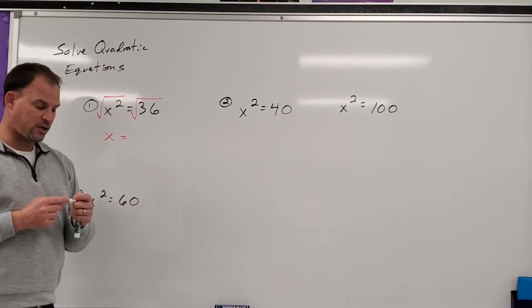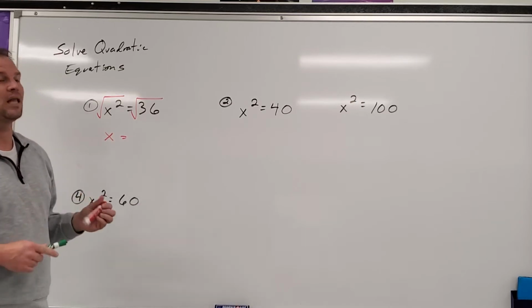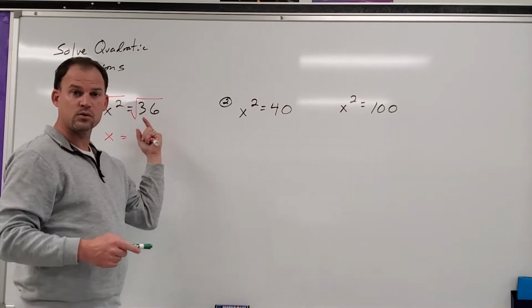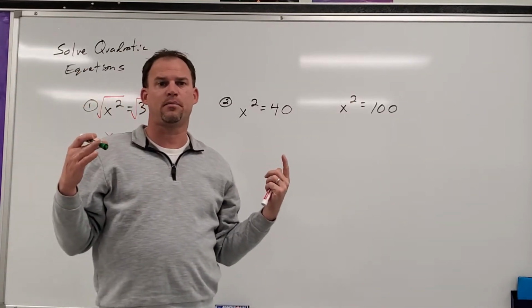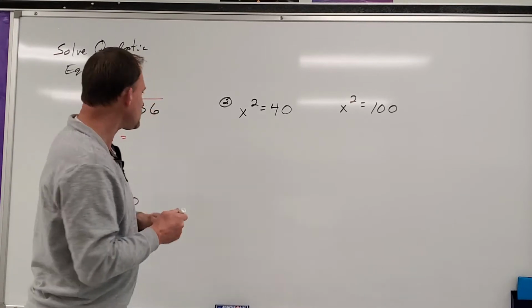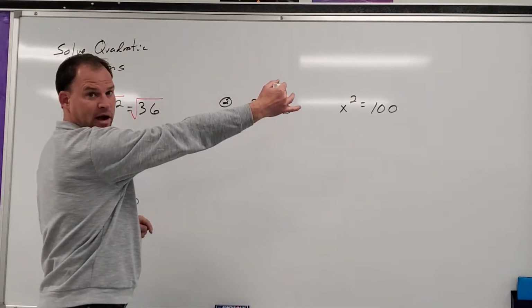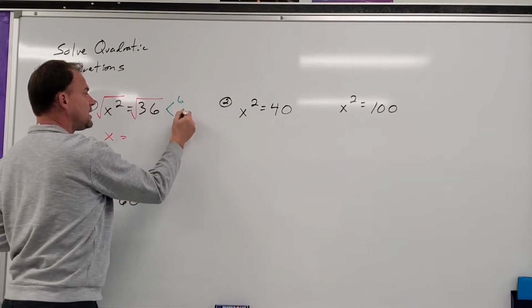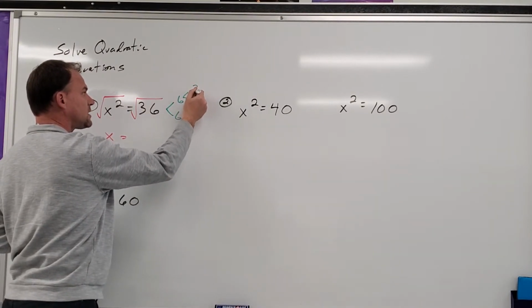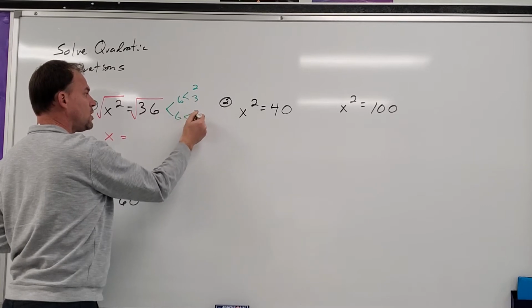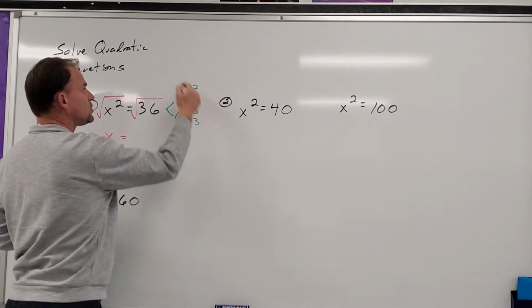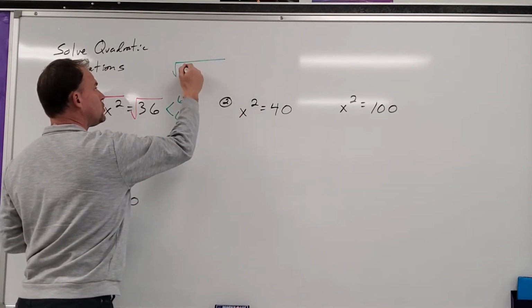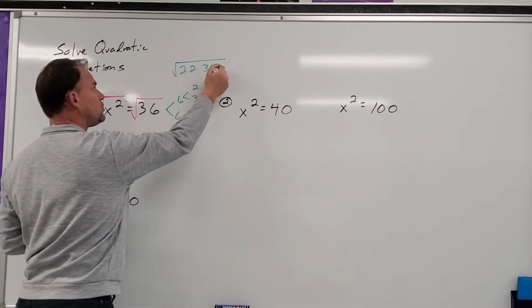Square root of 36. We did this a lot. So when I have square root, I go to my factor tree and break it down. So I'm going to go sideways with my factor tree this way. What goes into 36? 6 and 6. What goes into 6? 2 times 3, 2 times 3. So I've got 2 2s and 2 3s.